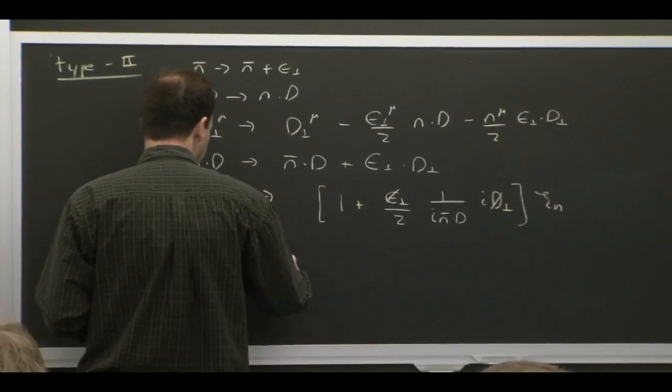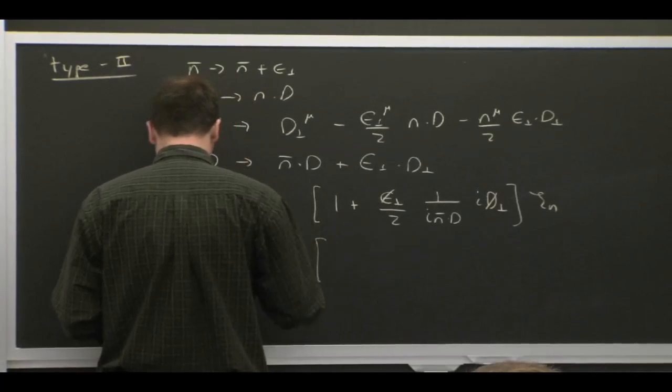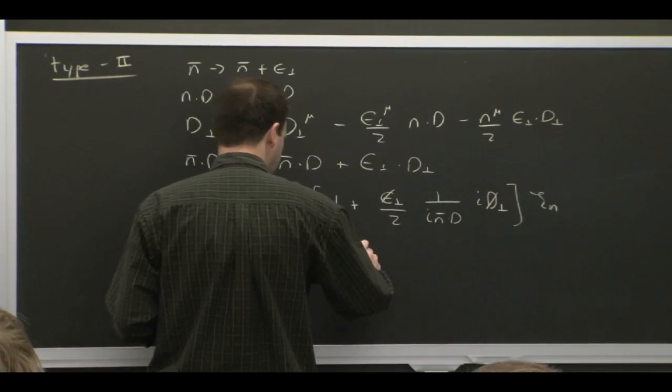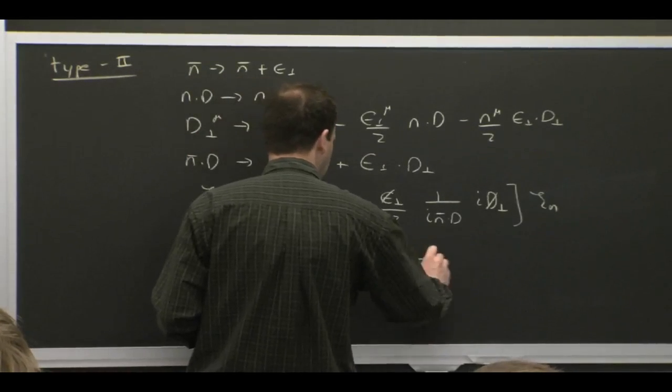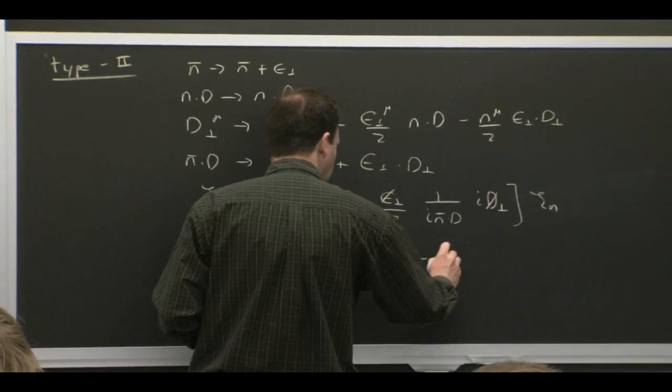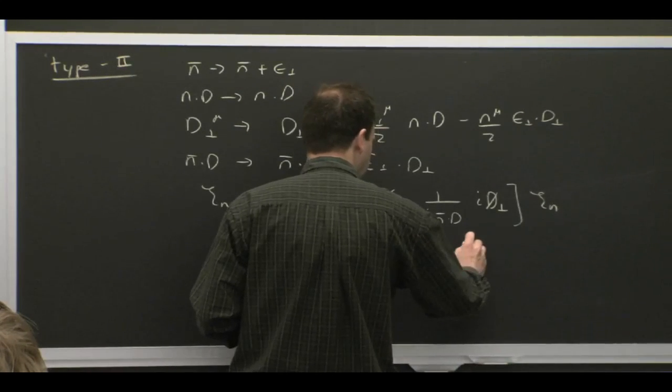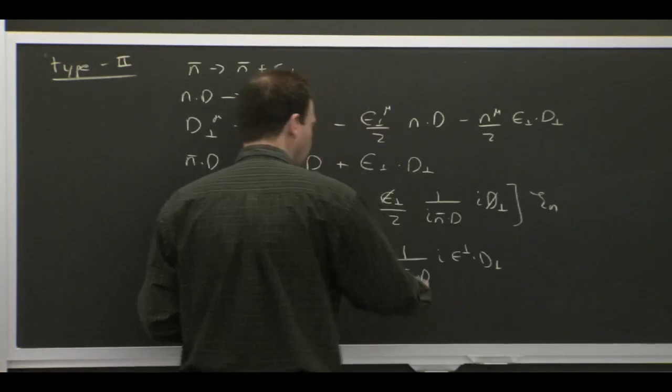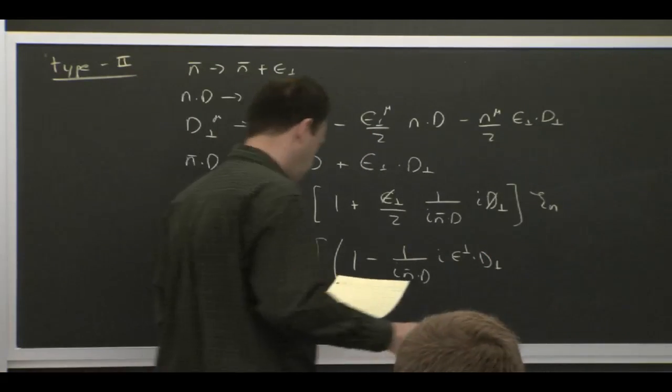And the Wilson line also transforms, because the Wilson line was built out of the n bar dot A field, so working to first order in that transformation, there's an additional term, epsilon perp dot D perp.